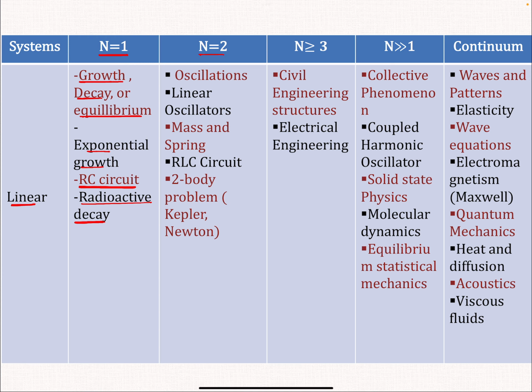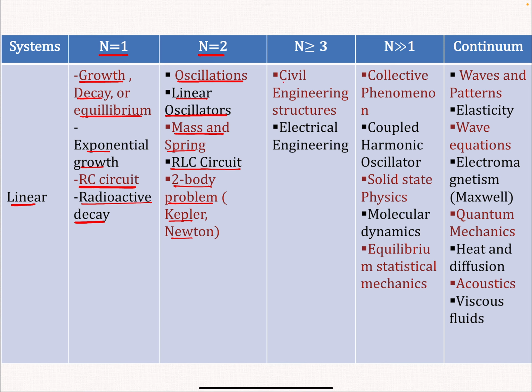When n is equal to 2, a linear system requires two variables to describe it, and it performs oscillations. Examples are linear oscillators like mass and spring, RLC circuit, and the two-body problem of Kepler and Newton. These are examples of two-dimensional linear systems.